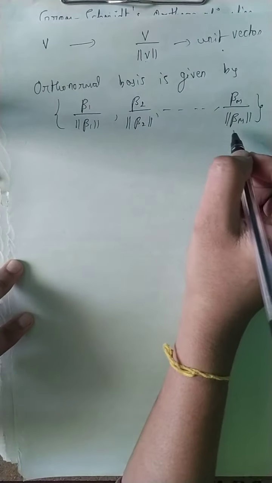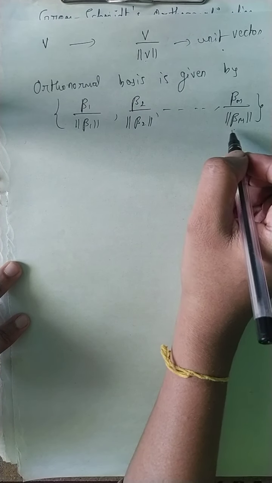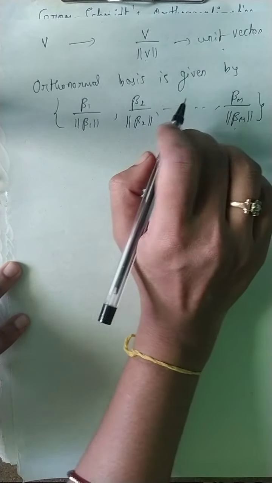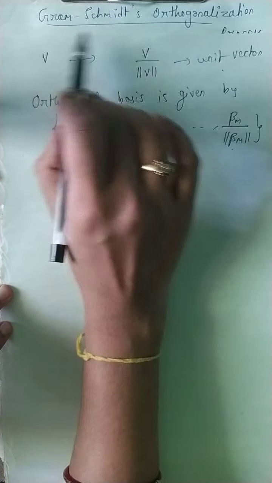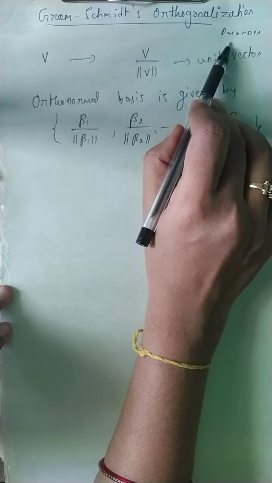This is the orthonormal basis for the given basis. So this is the procedure of the Gram-Schmidt orthogonalization process.